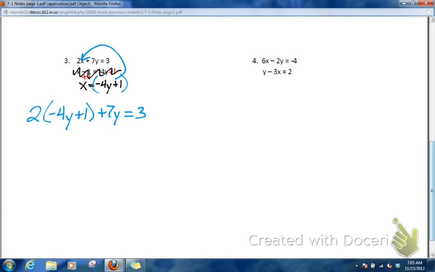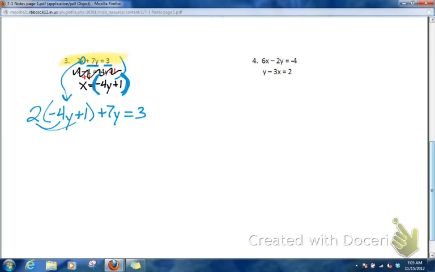Now again, notice here how I definitely put this in parentheses for a reason, because in the first equation you had 2 times x, but now we don't have 2 times x because we've replaced the x with that negative 4y plus 1, so now it's a distributing problem. You have 2 times the quantity negative 4y plus 1, and then you still have the plus 7y and the equals 3. So we'll go ahead and solve now.